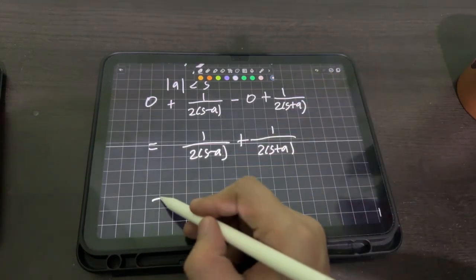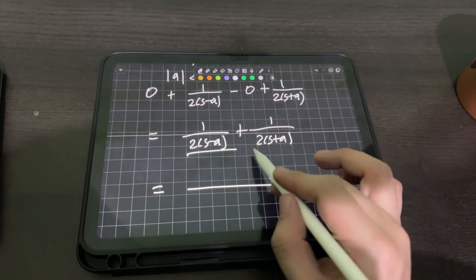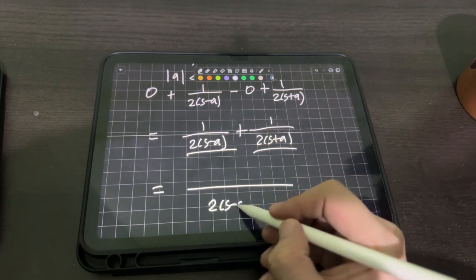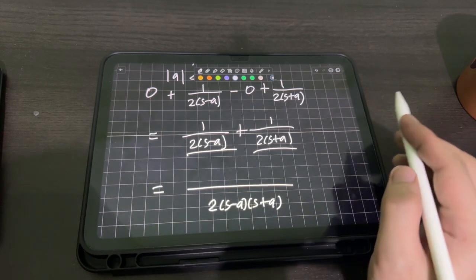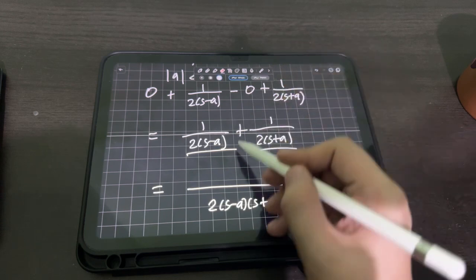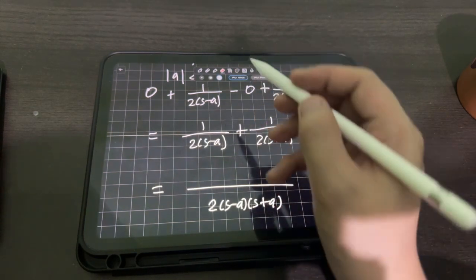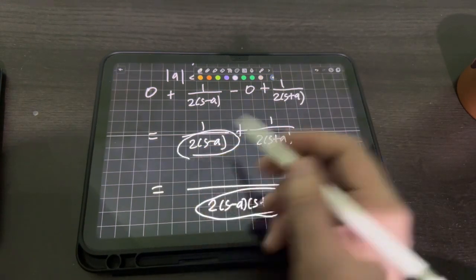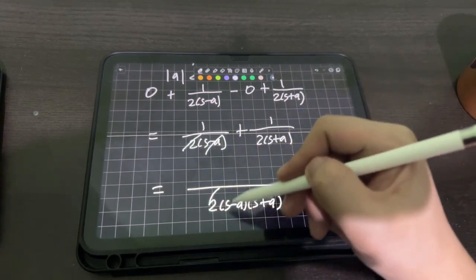We can combine this as a single fraction. What's the LCD of 2 times s minus a and 2 times s plus a? So it's 2 times s minus a times s plus a. So combining as a single fraction with the LCD, divide the LCD first by the denominator of the first fraction. You will cancel 2 and s minus a.